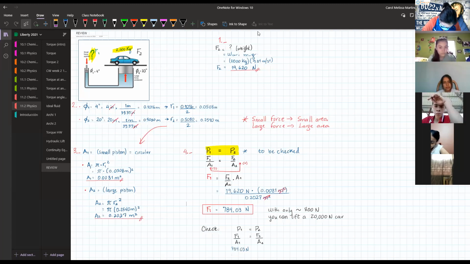784.03 Newton divided by the area 1, that is 0.0081 square meters, must be equal to the force 2, that is the car, 19,620 Newton, divided by the other area, that is 0.2027 square meters. Remember, Newton per square meter gives you pascals.